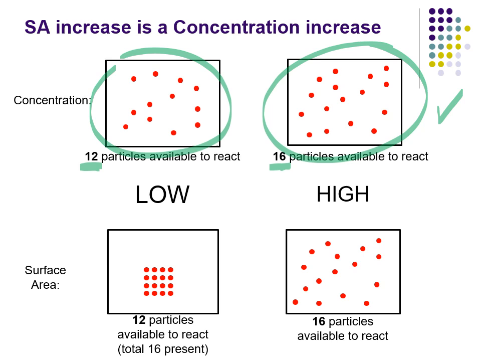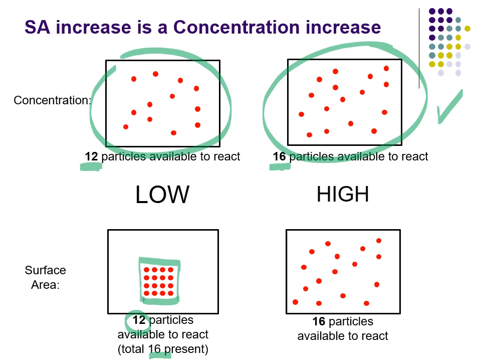Surface area, though, is really the same thing. On a particle scale, concentration and surface area are the same thing. And so take a look at this. On the left, we've got 12 particles available to react. It's a 4x4 block of particles, so there are 16 there, but it's only the ones on the outside. There's 12 particles around the outside, like the 4 there, and then we have these up there, and these down there, and those down there.